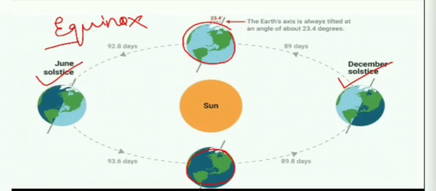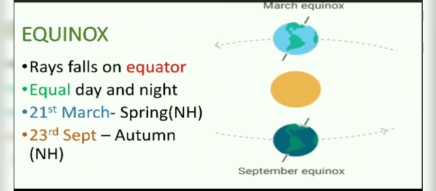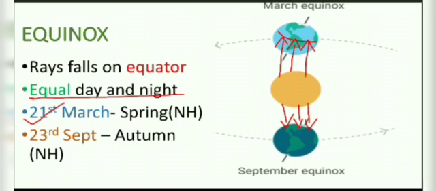Now what is equinox? Let's discuss. During equinox, you can see here in this picture, the sun rays fall vertically on the equator, and there are equal day and night on 21st of March.